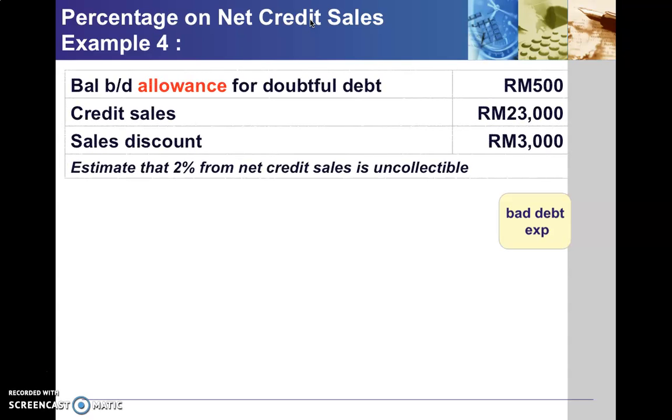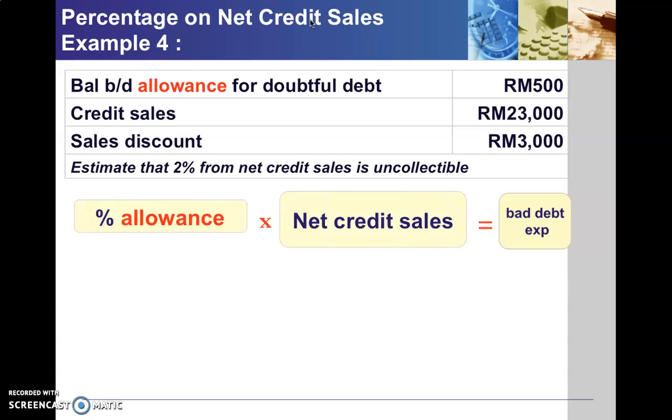Percentage on net credit sales, example 4. Balance brought down allowance for doubtful debt 500. Credit sales 23,000. Sales discount 3,000. Estimate that 2% of net credit sales is uncollectible.